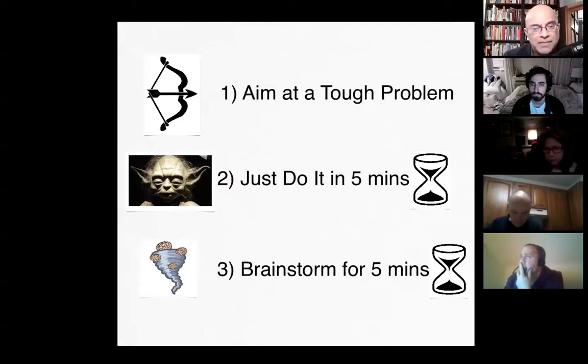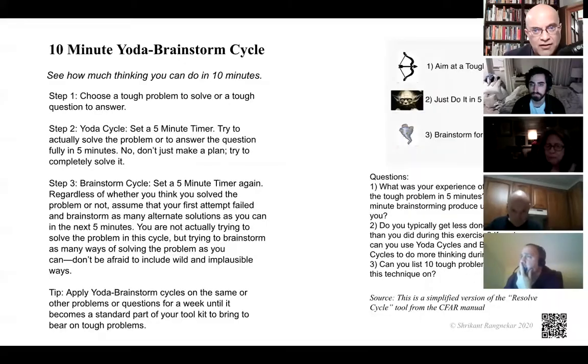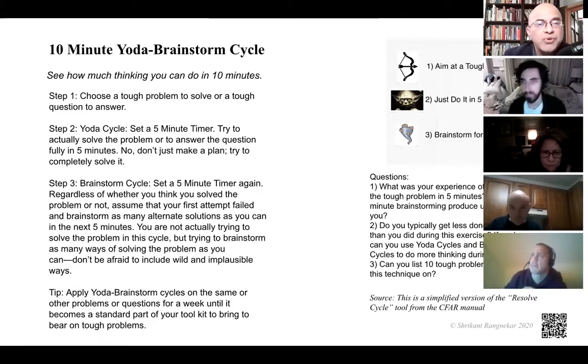Third step, you brainstorm. So let me go through here. This is the 1-page summary that I have put in the chat, and I'm going to just walk you through it.